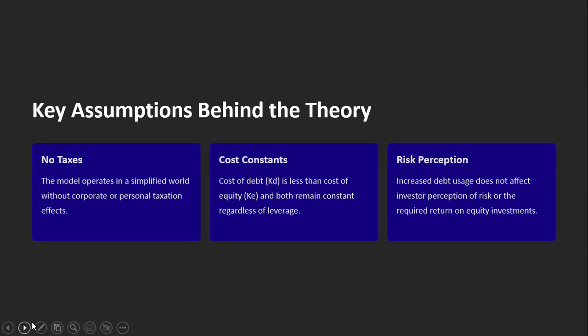Then cost of debt is less than cost of equity, and it is constant. Please remember, this assumption is most important. If the assumption is reversed, that is cost of equity is less and cost of borrowing is more, then this theory will not work.